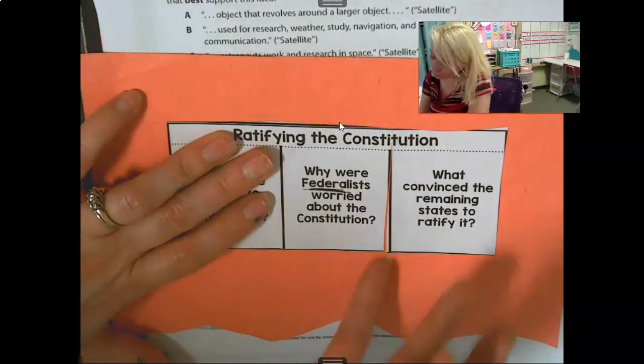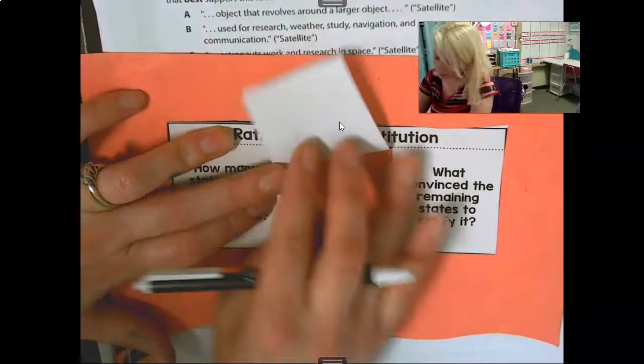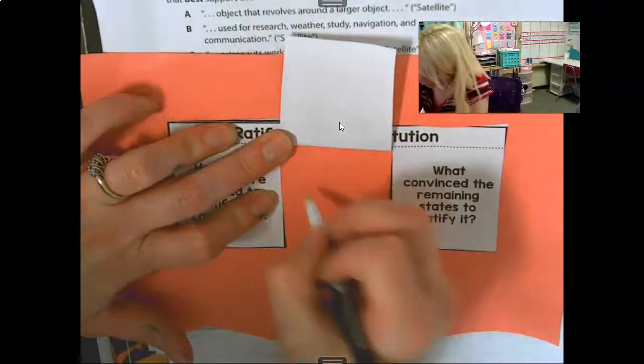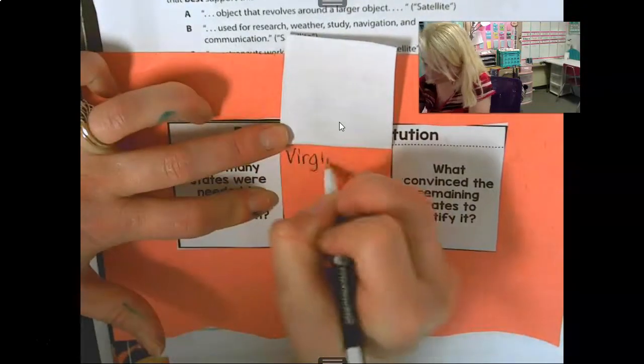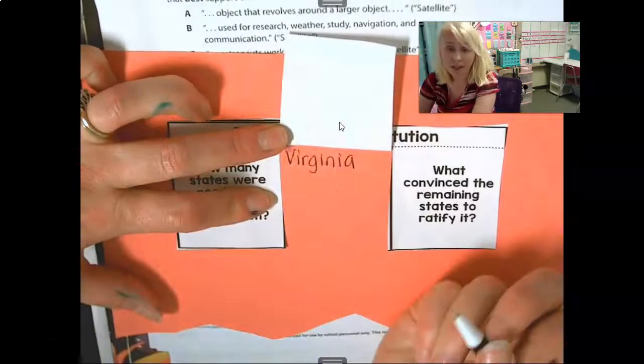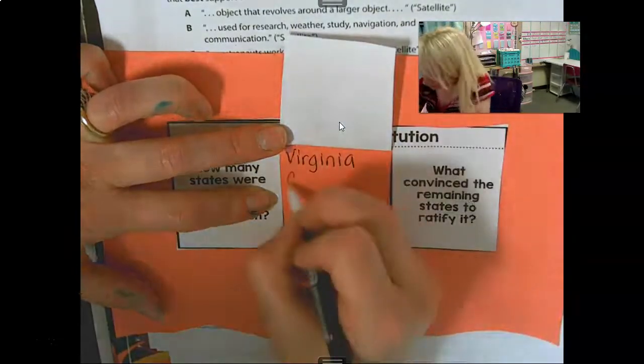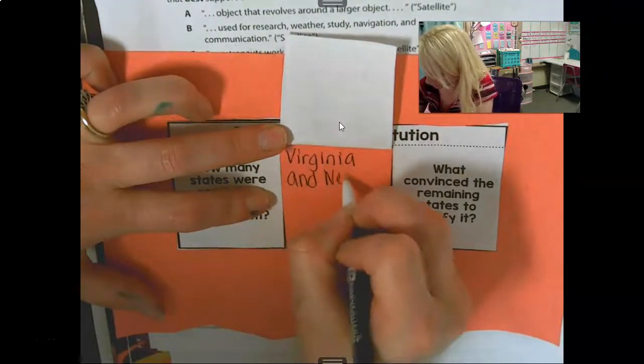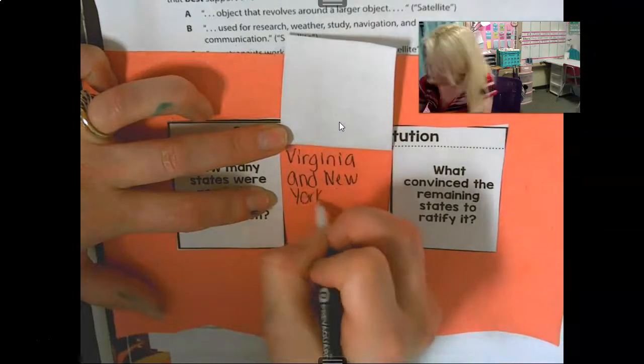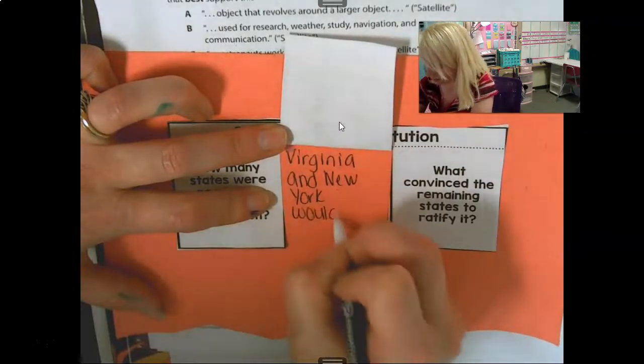And they were worried at this time period because Virginia, which was a very important state, and New York wouldn't ratify the Constitution.